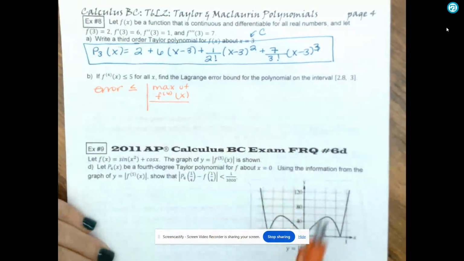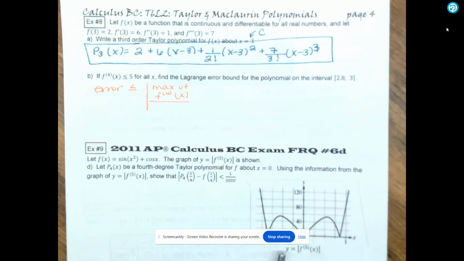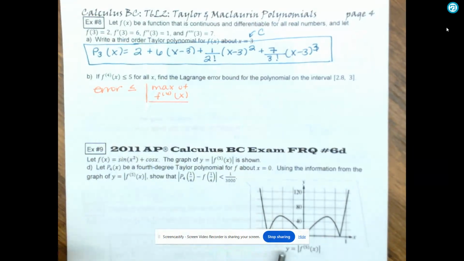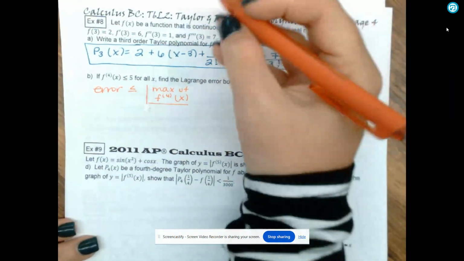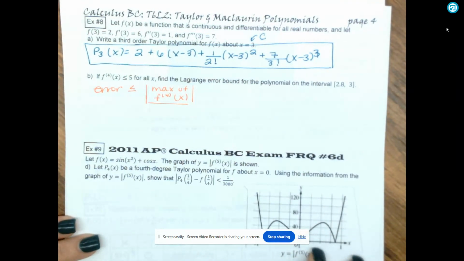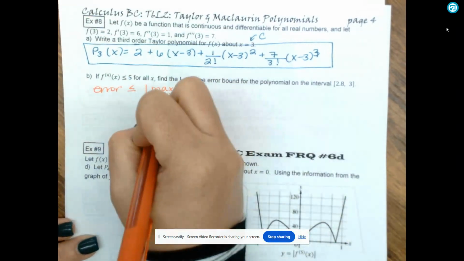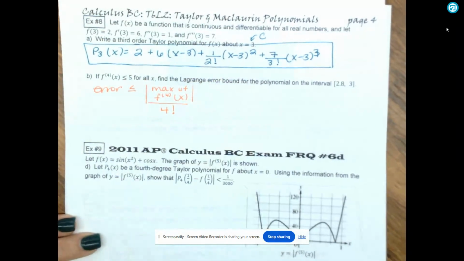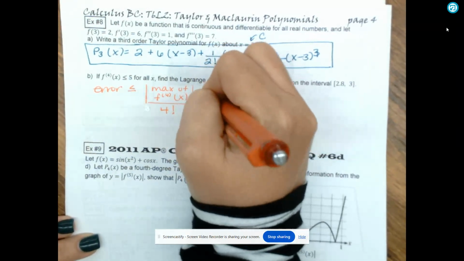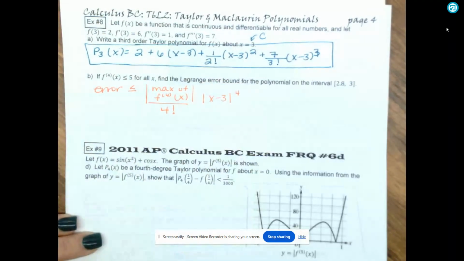Whoops, my absolute value bar shouldn't be there. It should be on the top, not on the bottom, sorry. So just the absolute value of the top, over 4 factorial times the absolute value of x minus 3 to the 4th.